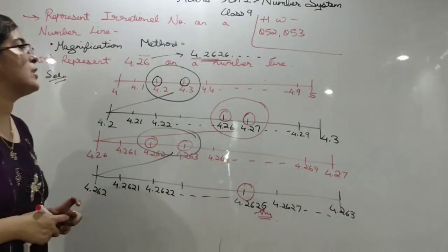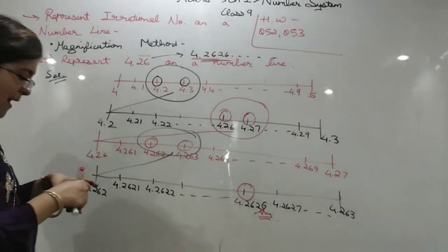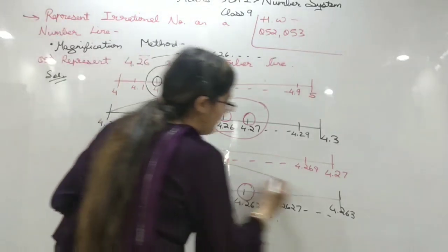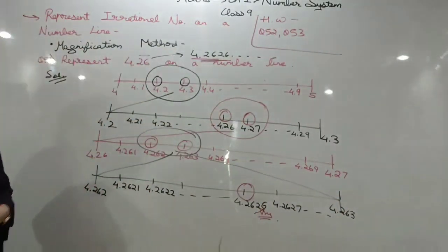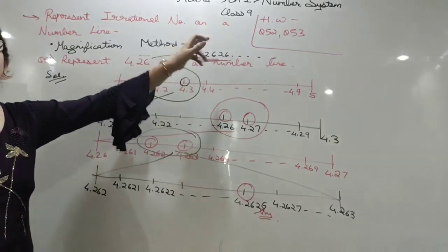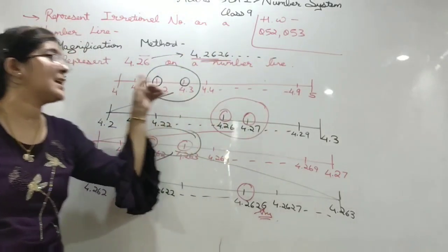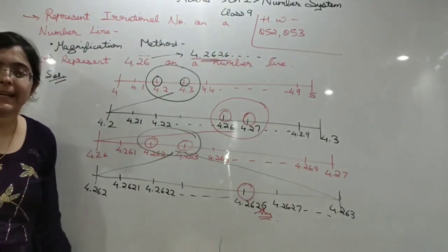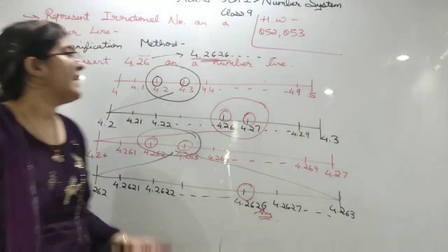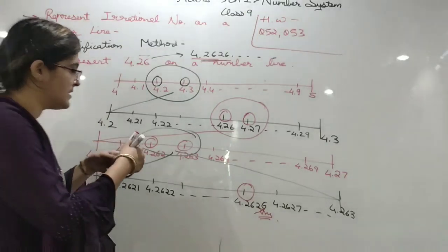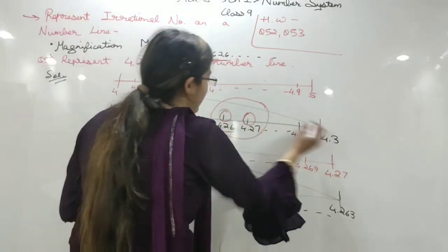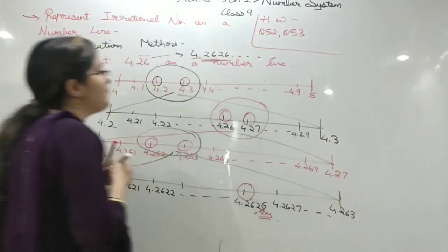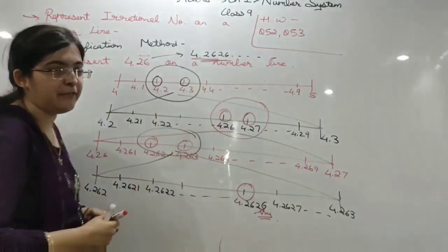Again see, the question was given 4.26 bar. What have we done, students? First we have written it as 4.2626 because there is a bar, that means 26 will repeat. It is a non-terminating decimal expansion. Now what will we do? We will point it between 4 and 5.